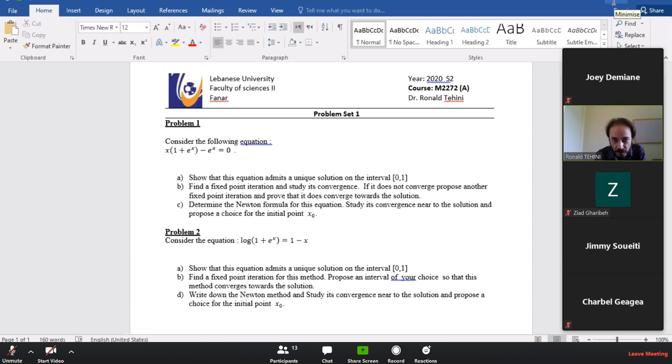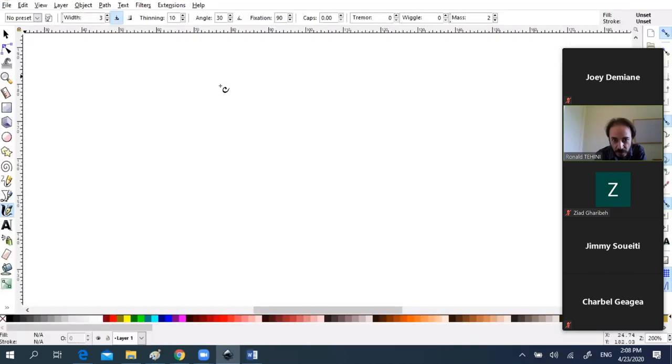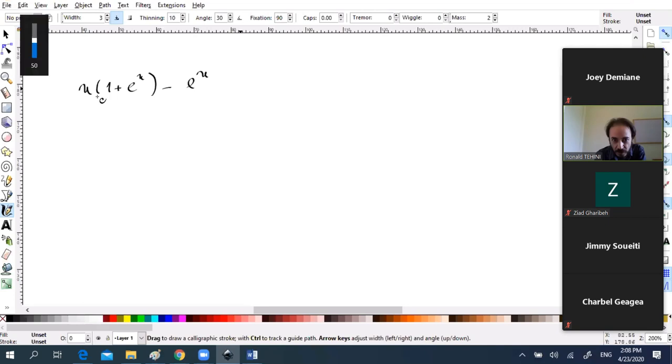This was our initial problem: x plus x e^x minus e^x equals 0.